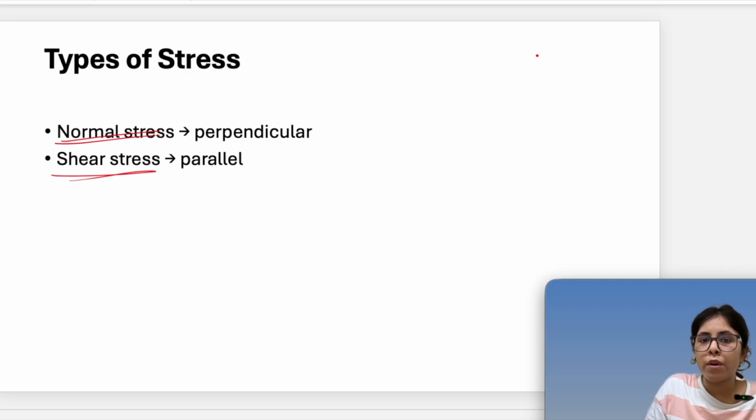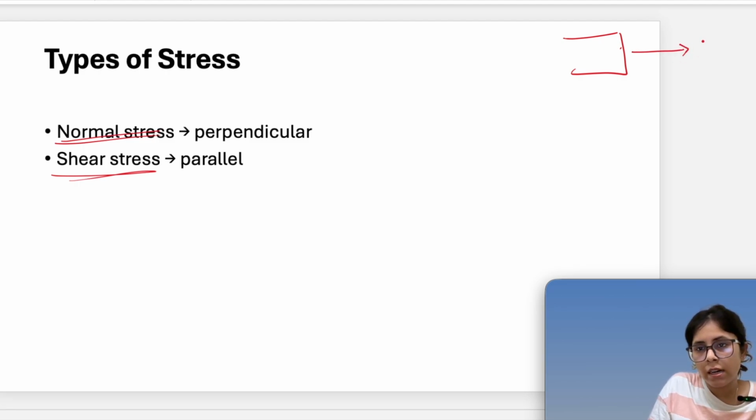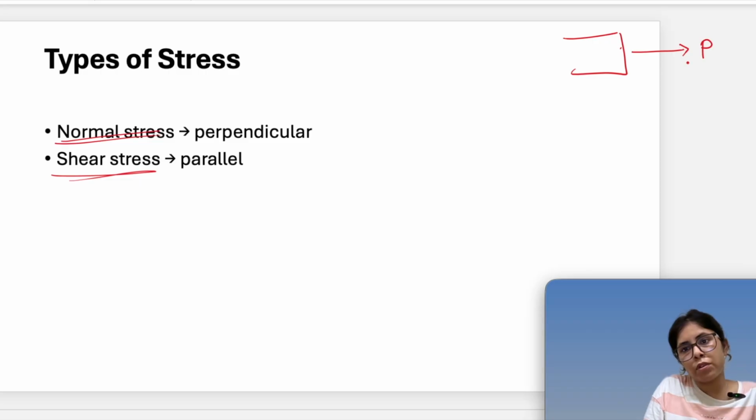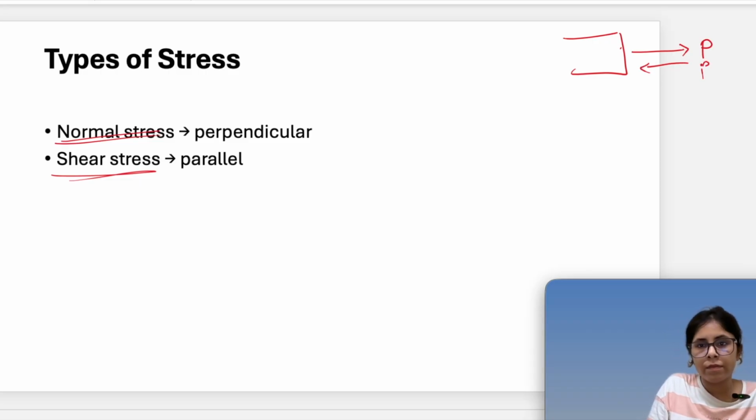On any body, like tensile stress, if this is a body and the force P is acting like this, and this is the cross section of the object. If the cross-sectional area and line of action of force are perpendicular to each other, we'll be calling the stress normal stress.